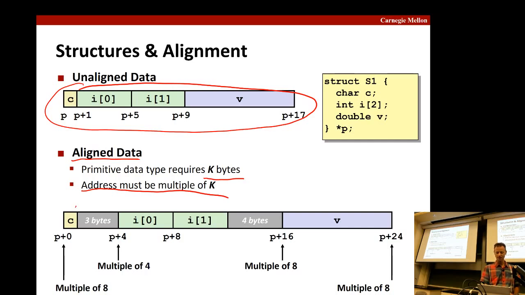You have this character, that's fine. Now you look and you say, oh, I have this thing that's an array of integers. Well, I know I need 4 bytes for an integer. So back here, before I did the proper alignment, if I wanted to reference that integer, I had to reference this thing that was p plus 1 to p plus 5.